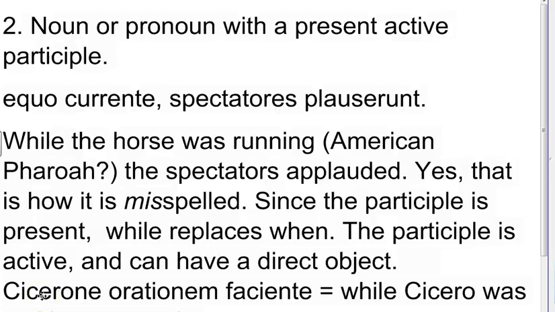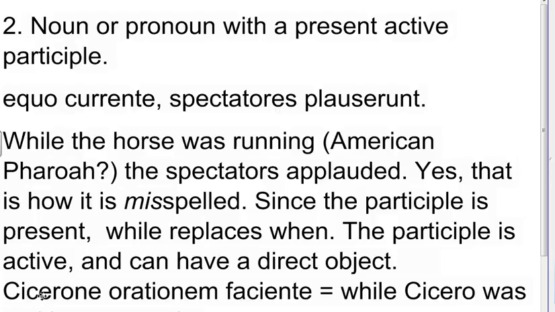We move on to the second possible form of the ablative absolute, which is a noun or pronoun paired with a present active participle. And I have selected the frequently used equo currente.